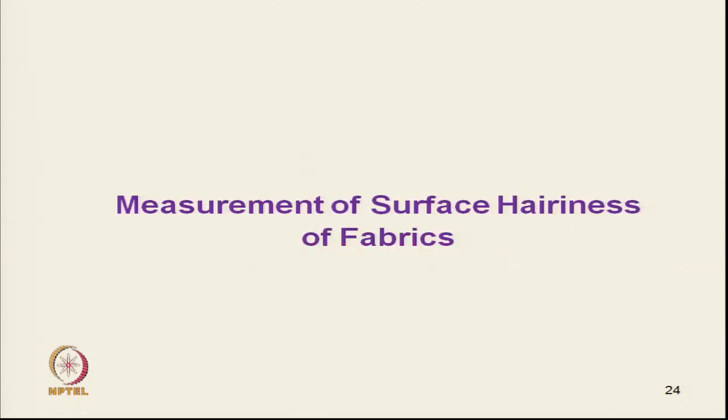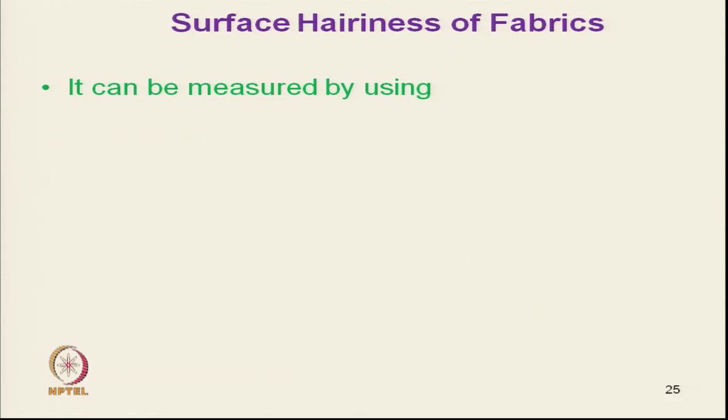Now, we will discuss the measurement of hairiness of fabrics. There are few techniques. The surface hairiness is basically an indication: the higher the yarn hairiness, the higher the surface hairiness, and it can be measured by different techniques. One is low pressure compression testing.